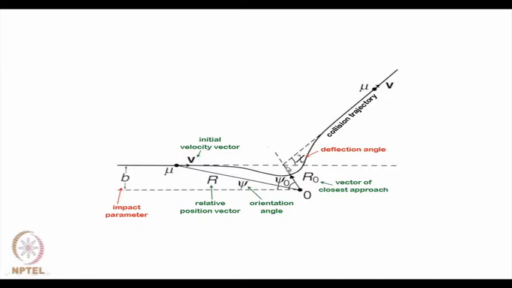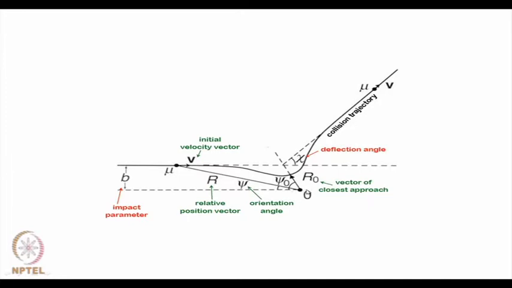With the interaction potential, the trajectory is identical to that traced by a particle of mass mu, the reduced mass, deflected by a potential V(r) placed at the origin.